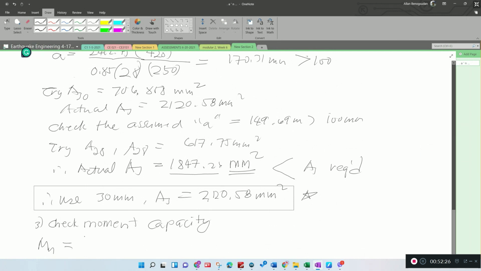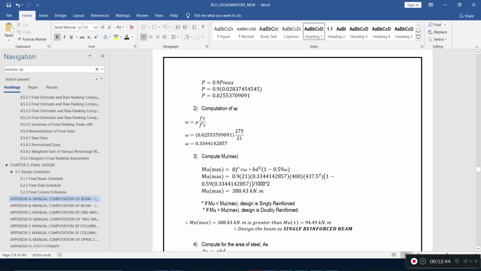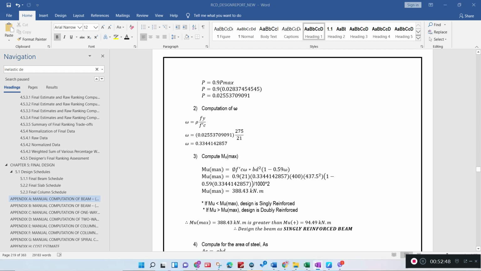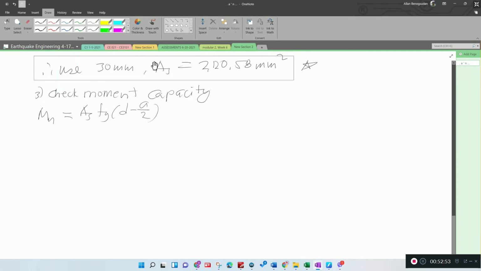It's equal to AS, taking summation of moment with respect to the compression part, that is T minus A halves. So when you substitute that, let us substitute then.